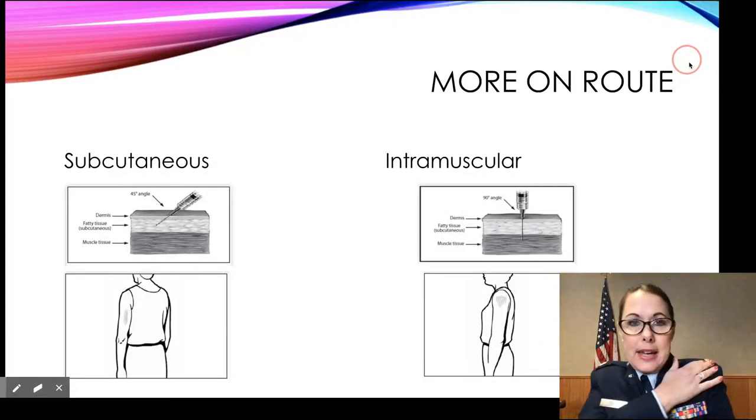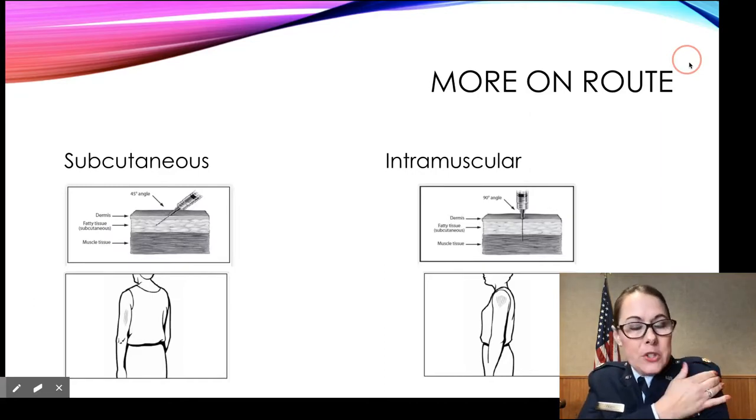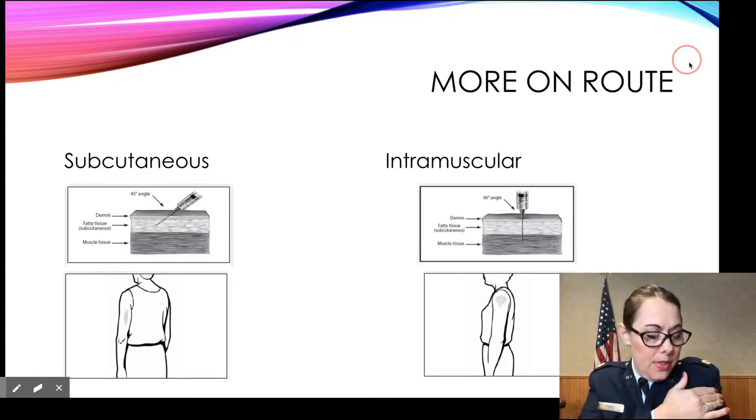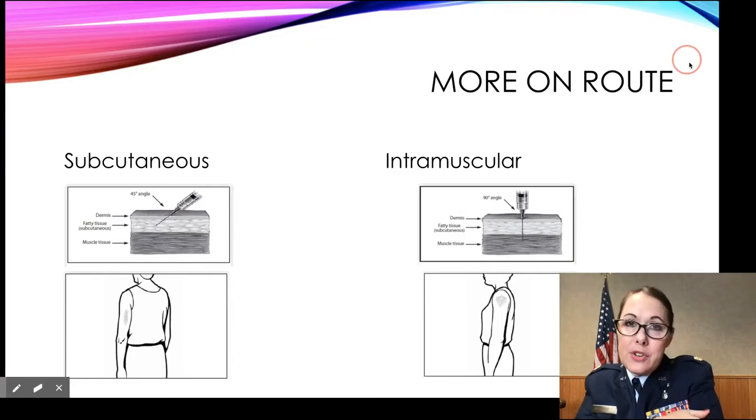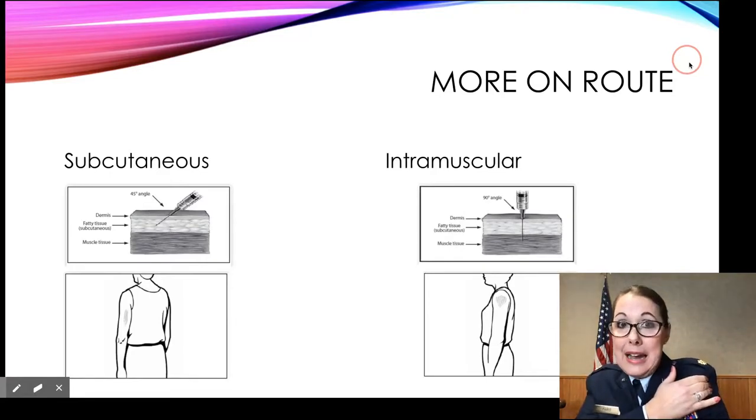So again, we're thinking of the deltoid muscle goes up here. So what you want to do is find the bone right here in your shoulder. You want to put 3 fingers down, and then you can go underneath it. That's a big chunk right there. That's about 2 inches that you have to work with. You don't have to go really high up into the shoulder.